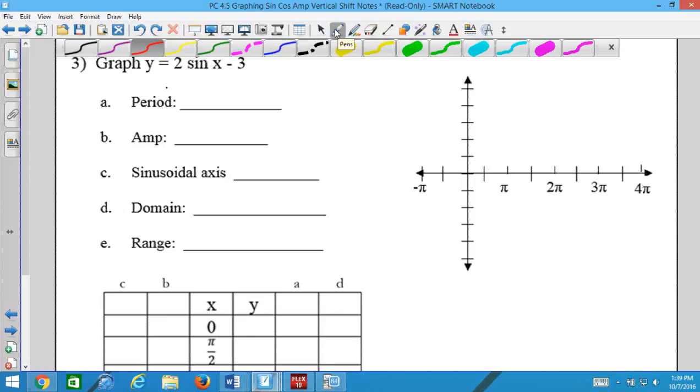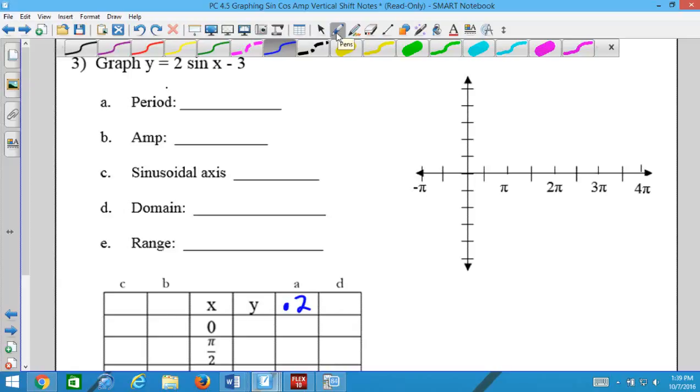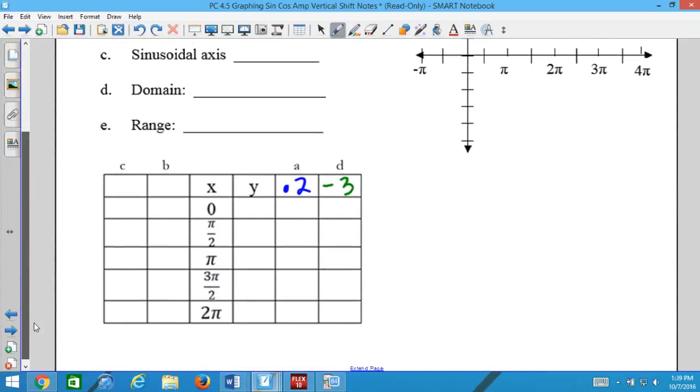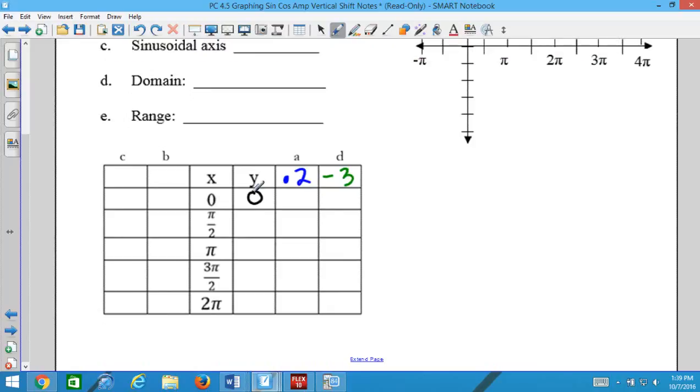All right, so filling out the table, I'm just going to start with the table. We're going to multiply by 2, and then we're going to subtract 3. Go ahead and do that real fast. And this is sine. I'm going to use my sine key points that start at 0. Multiply everything by 2.